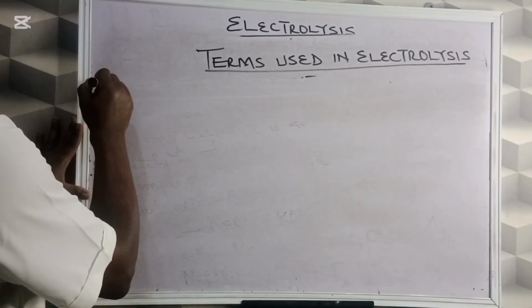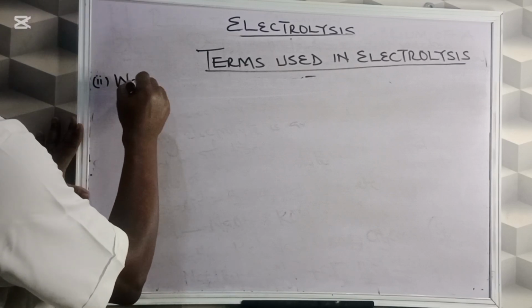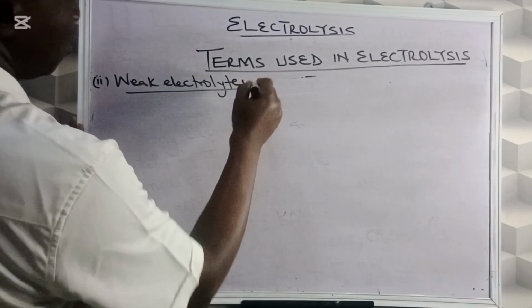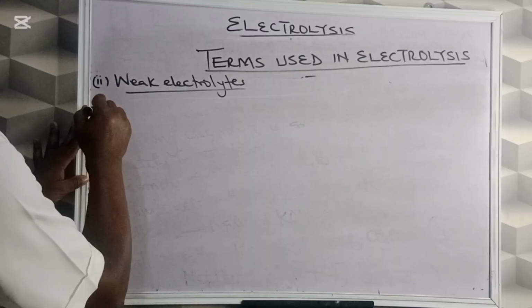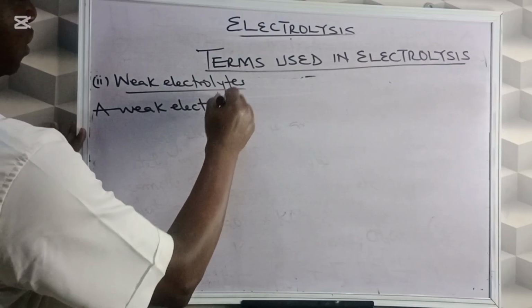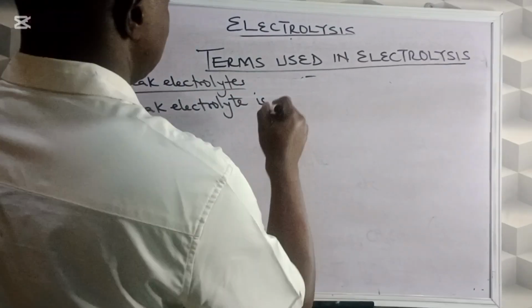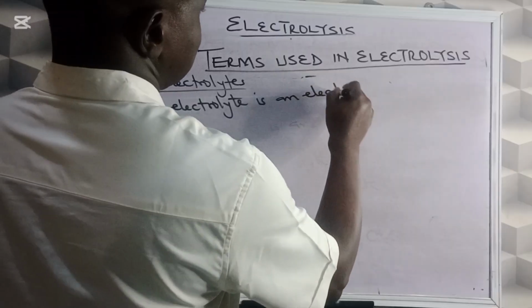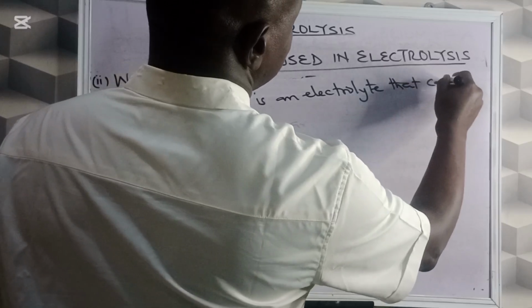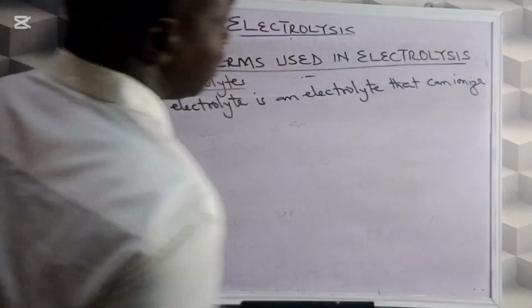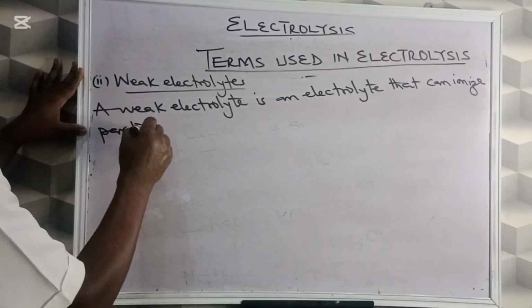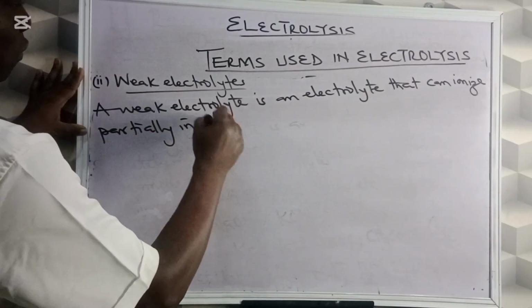Weak electrolytes. A weak electrolyte is an electrolyte that can ionize partially in solution.